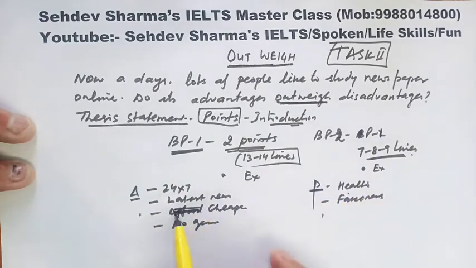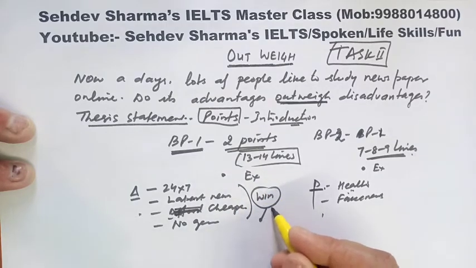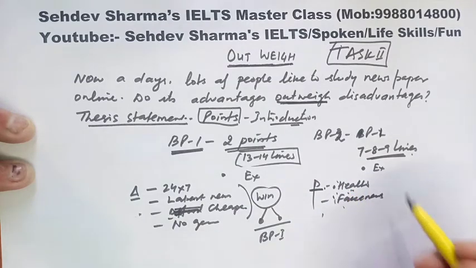Now from this plan, we will come to know which side is going to be heavy, right? This side seems to be heavy, so I wish that this side should win. That means I have to pick up 2 points from here and I will make them BP1 and BP2. I can't pick up 2 points from both sides, otherwise there is no fun of outweighing.